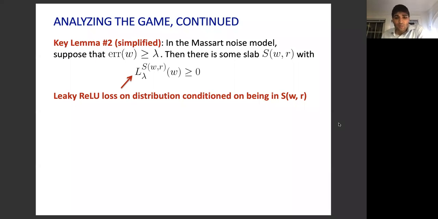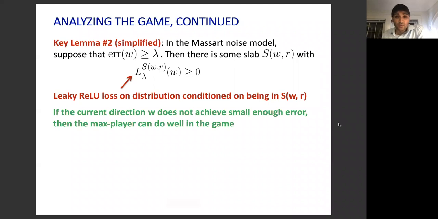So this lemma would actually be great. This would tell us we're done, that any equilibrium is good enough for solving our learning problem, because what it says is that if the current direction W does not achieve small enough error, so its error is at least lambda and is not smaller than eta like we want, then the max player can do well in the game. They can actually make our loss restricted to the slab non-negative, even though from the first lemma, we know that we're trying to get the loss to be negative.